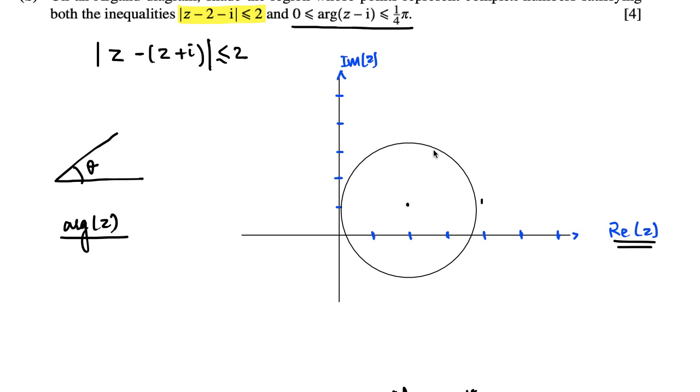Now the angle is from 1 point ahead, meaning this is shifted over here. So this is the line. Now argument of this is between 0 and pi by 4. Pi by 4 is around 45 degrees, so approximately half in the center. Okay, now this part is done.